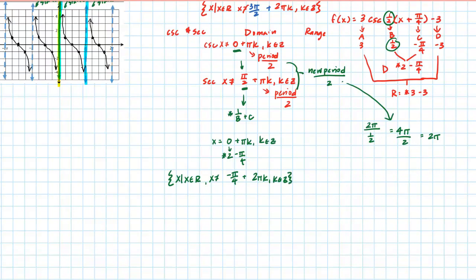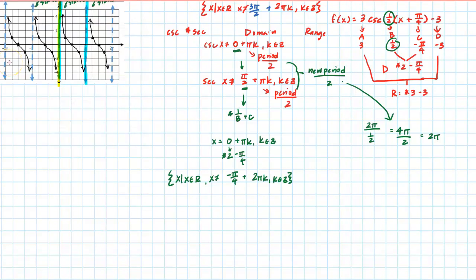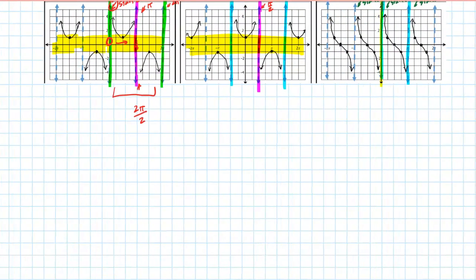Now for my range, let's go ahead and use a different color. I'm going to use pink. For range, remember there was a gap, right? The yellow highlighted gap right here. Where did the gap end? The gap ended at 1 right here and -1. So you can kind of think of it as cosine and sine, where those were the maximum and minimum values.